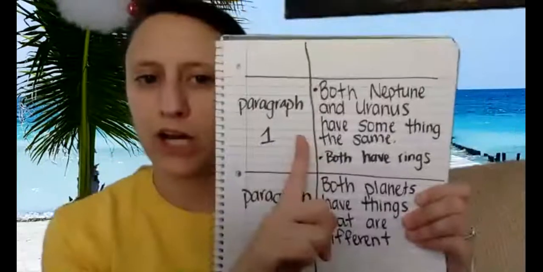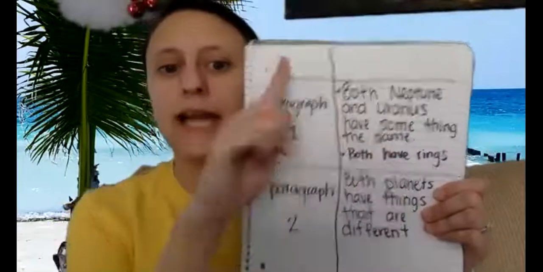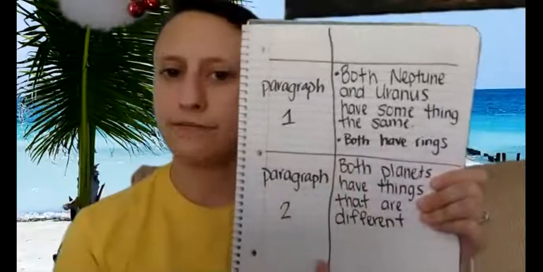You guys are going to highlight those signal words in yellow and then choose one sentence and highlight it in blue for each paragraph to show that is your proof of what you think. So if I go back to my notes, my first paragraph is how they're the same, and my second paragraph is how they are different.